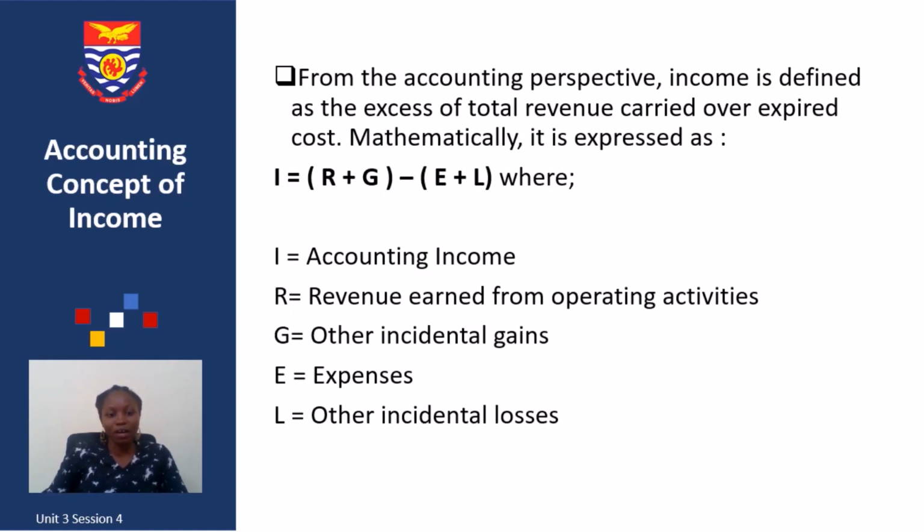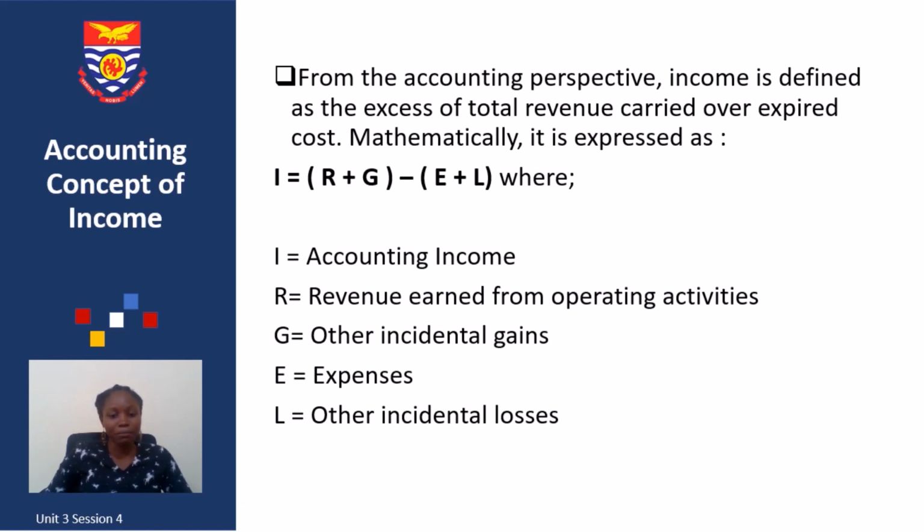So from the accounting concept of income, when you have an excess of total revenue over your expired cost, which is also known as your expenses, then we can say that you have income.